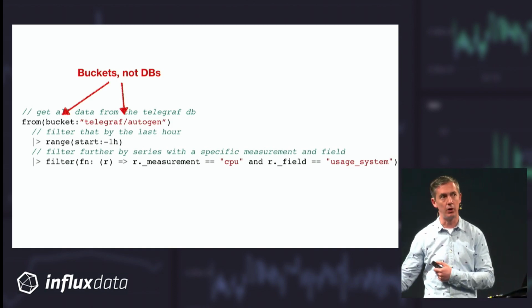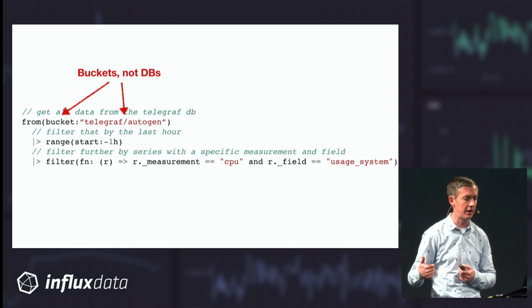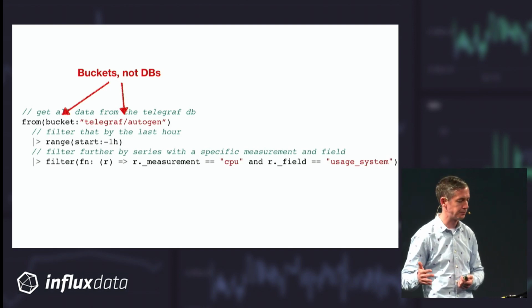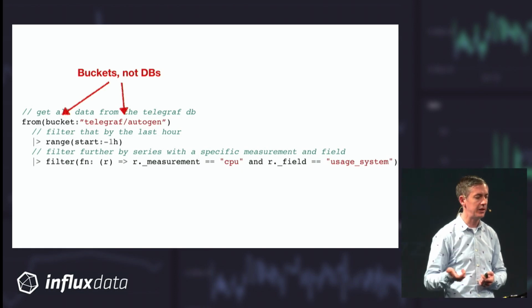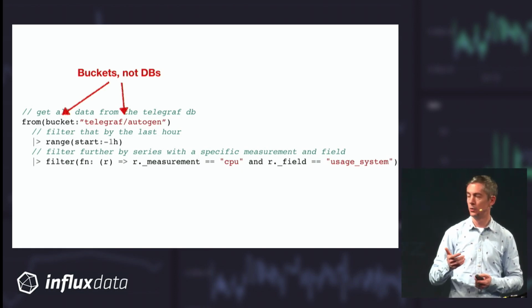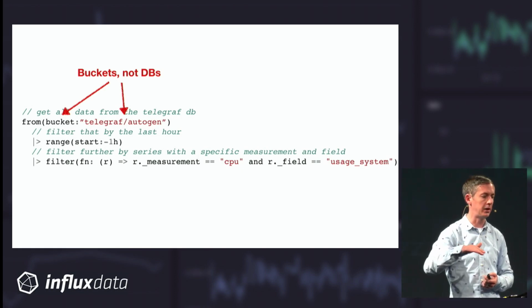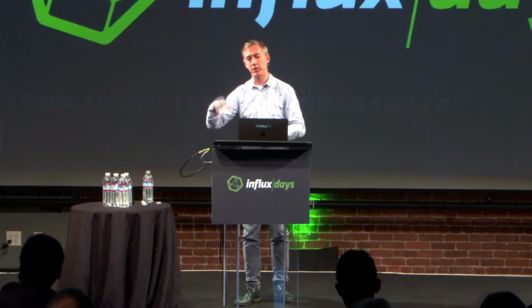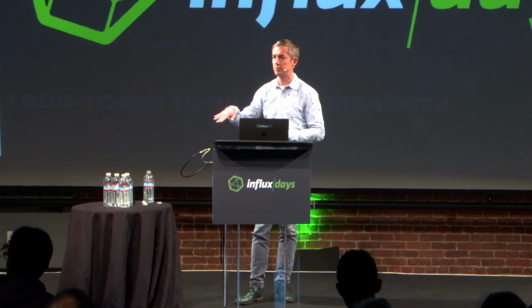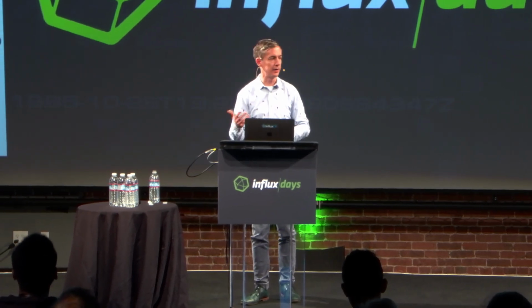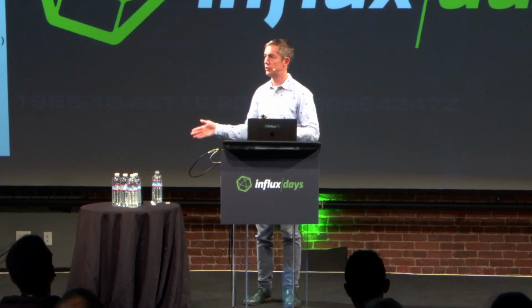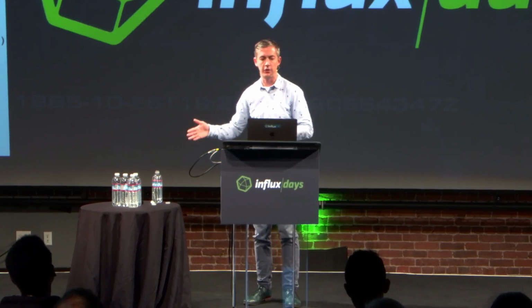Buckets in 2.0 aren't necessarily tied to that, and the design will be that you can have thousands of buckets. But in the meantime, the convention is going to be, if you're working in 1.7, the database name / the retention policy name. That way, if you define dashboards or queries in Flux, you can migrate to 2.0 without having to update those definitions when you do so.